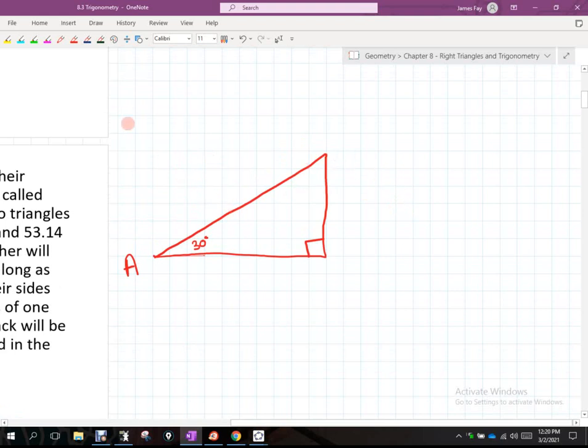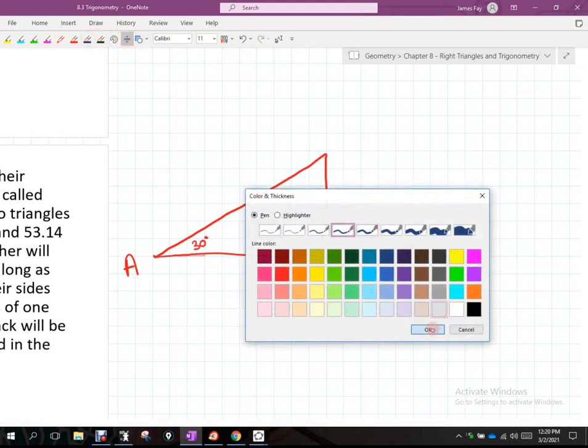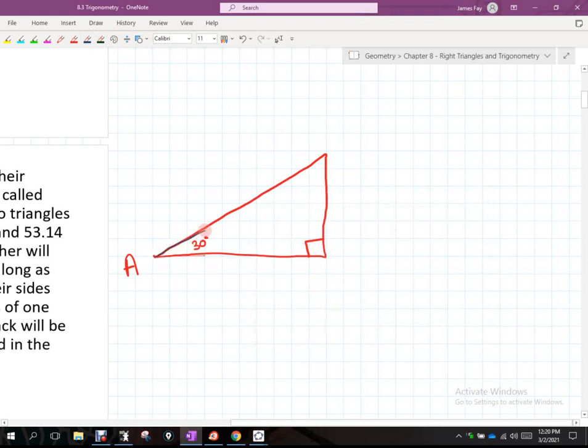Okay, let's say that we put on top of that this blue triangle.